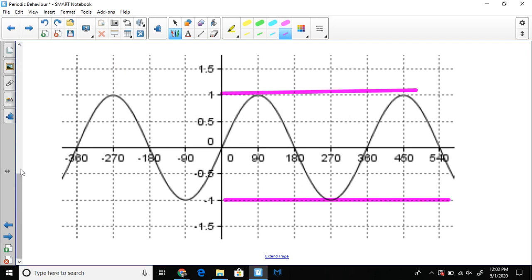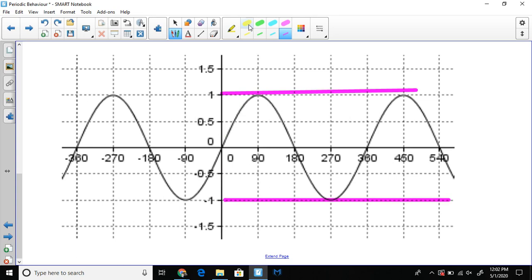What's half the difference between the max and the min? Well, what's the difference between the max and the min? 1 minus -1 is actually 1 plus 1, which is 2. 2 divided by 2 is 1.